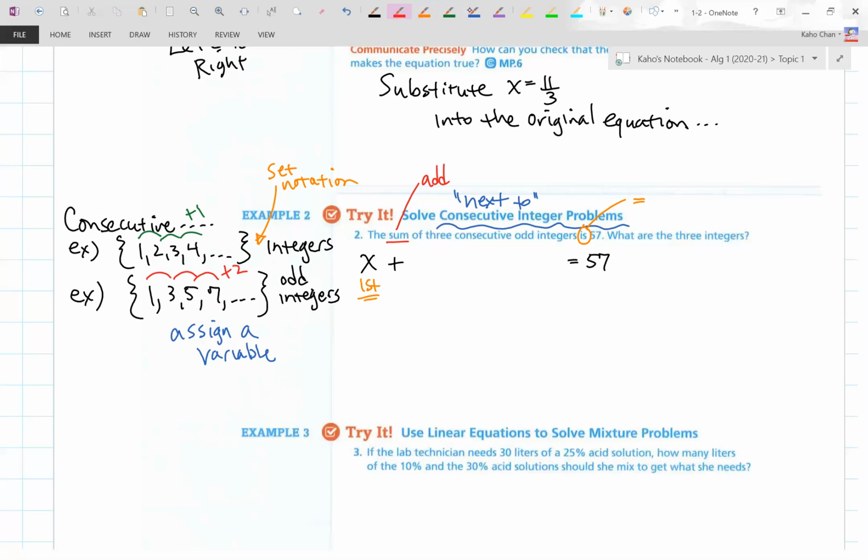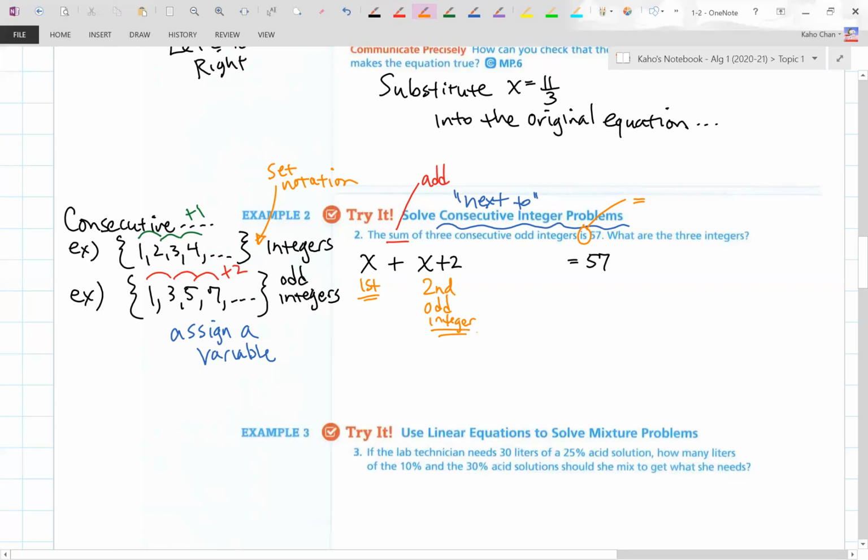So my second unknown odd integer relies on the first number, and the first number is 2 units less than the second integer. So I'm going to put a plus 2. That represents the second odd integer. Make sense?